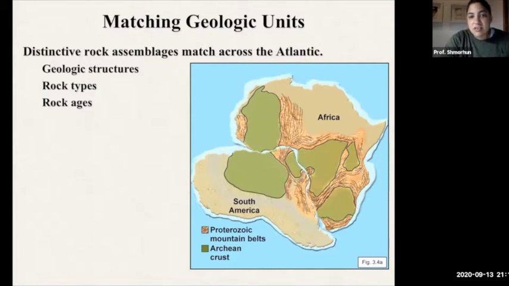So if these continents were at once a supercontinent, and the eastern portion of North America was in line with the western and central portions of Europe, then these rock units could have formed at one time. Once they split apart, those records would obviously remain, and those are what we see today.